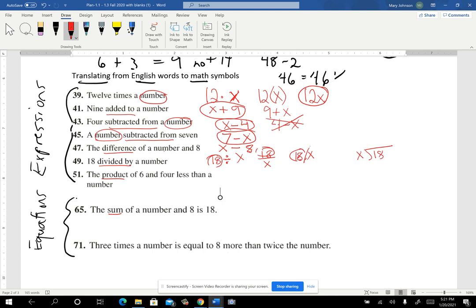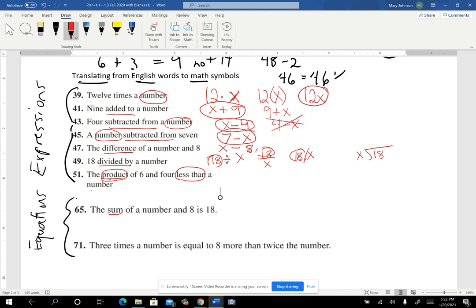All right, now what's a little different about 51 is you have two operation words. So you have the word product, and then you have this less than language. So you're going to have multiplication and subtraction. But again, don't start at the left and move to the right. Just do a quick read, just scan it. Notice the product and the less than, have that in your mind.